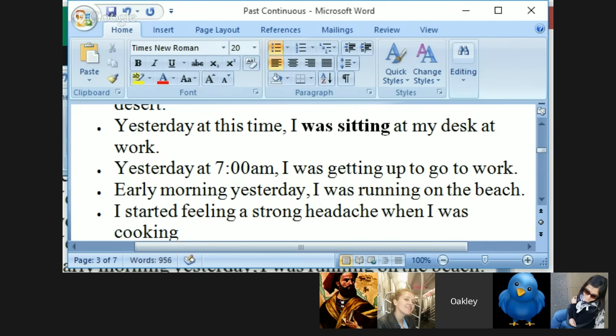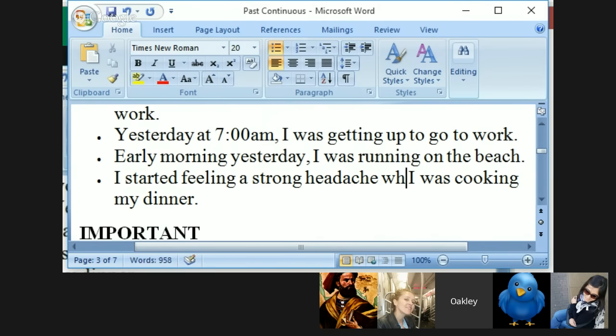Okay, well this is the last usage. This is an interrupting action. Yes, this is an interrupting action. The interrupted action, simple past tense. The one problem with this sentence here is it should not be when I was cooking dinner. It should be while I was cooking.